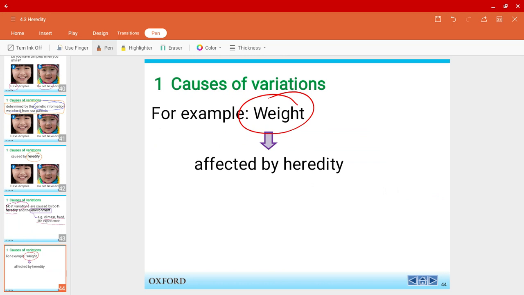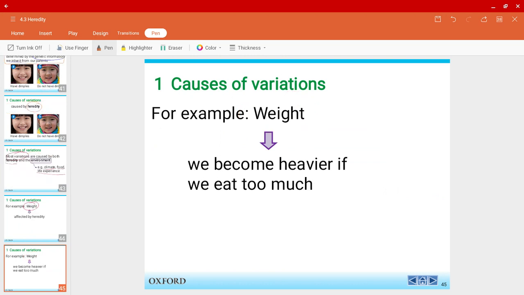If his or her parents are pretty large in size, heavy in weight, then most likely the child will also be the same. However, it could also be affected by the environment.